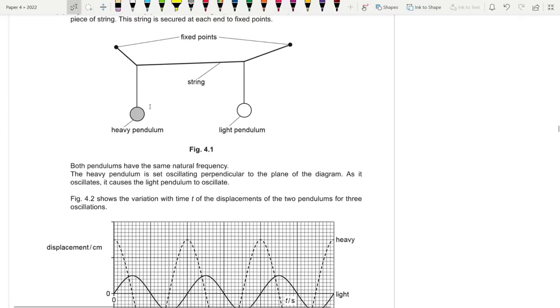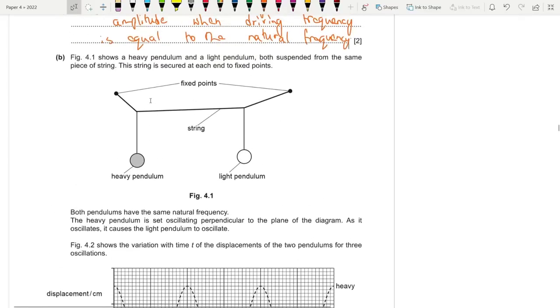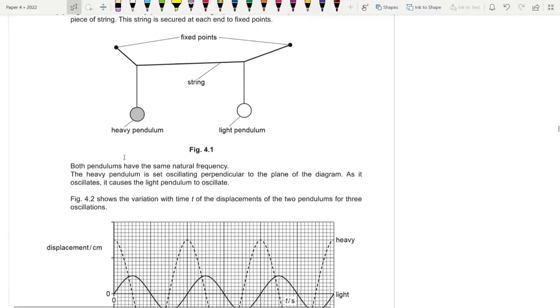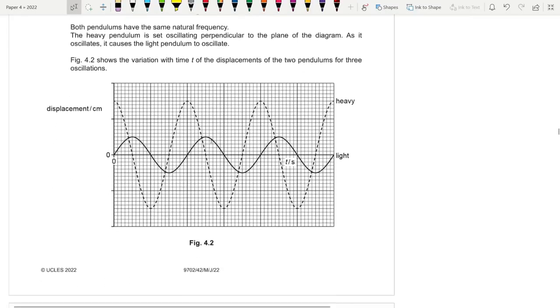So in and out of the page, basically. And since it's so heavy, this is so interesting. The heavy pendulum is basically applying a driving frequency on this string, which is causing the light pendulum to oscillate as well. Okay.